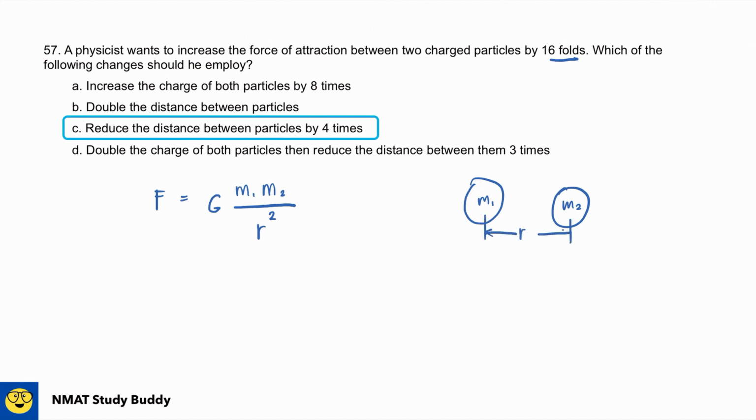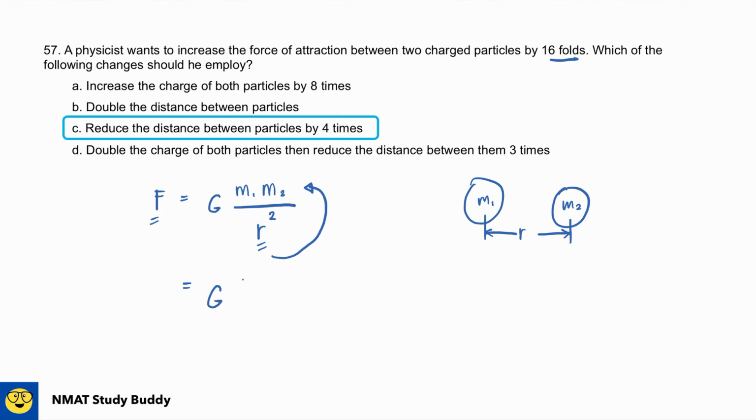So, to increase the force of attraction by 16 folds, what should we do? As you can see here, if we put a denominator on the R, the denominator will go to the numerator. Let me show you.